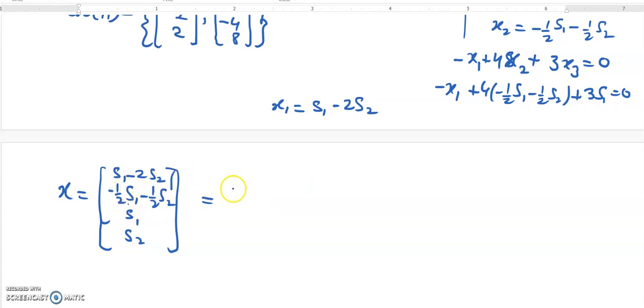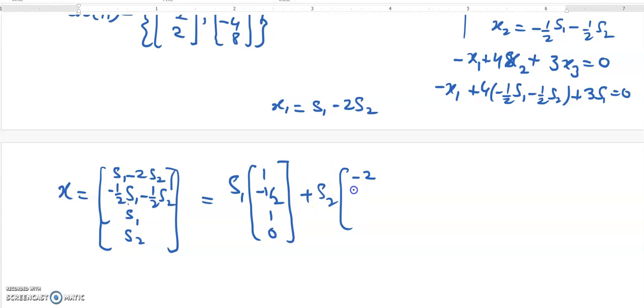So s1 times 1, minus 1 by 2, 1, 0, and then plus s2 times minus 2, minus 1 by 2, 0, 1.